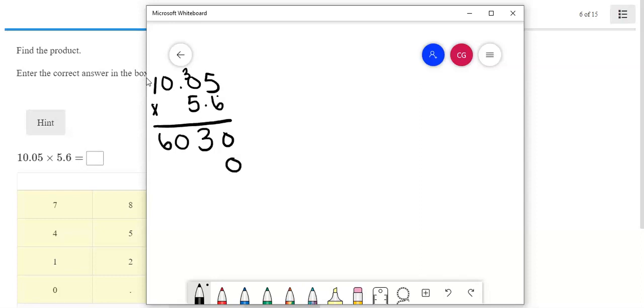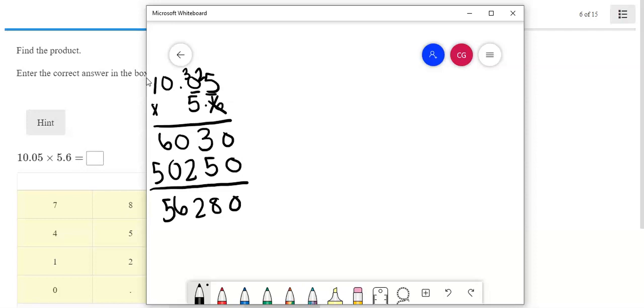We put our 0 down. 5 times 5 is 25. Then 0, 2. 0, and then we have to do 5. 0, 8, 2, 6, 5. 1, 2, 3. 1, 2, 3. So 56.280.